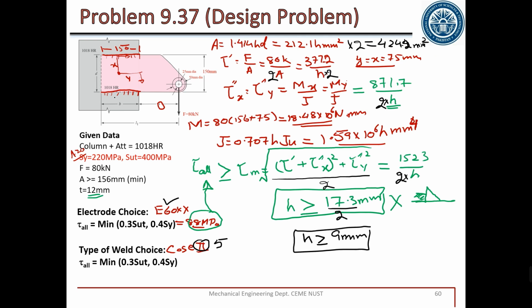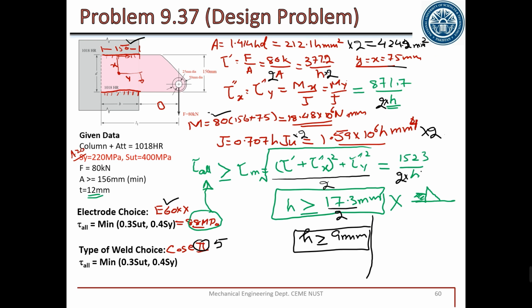And thickness of plate is 12 mm. All the remaining things remain the same. The value of 150 that we assumed is same. Electrode is same. Also moment, there will be no change in moment. The value of Ju will be doubled, because of the change, value of J will be doubled. This will be same, and the final answer will be 9 mm. So this 9 mm is an acceptable weld.